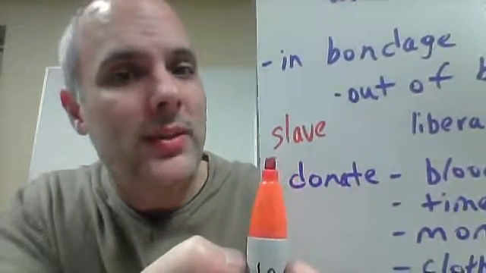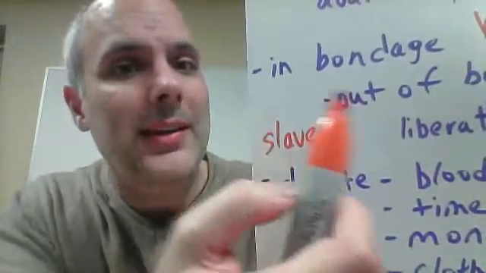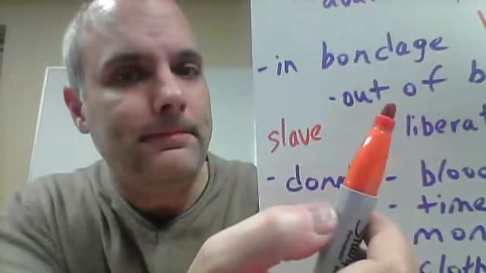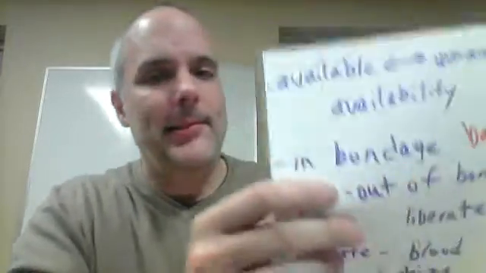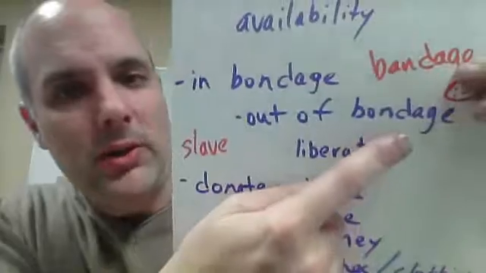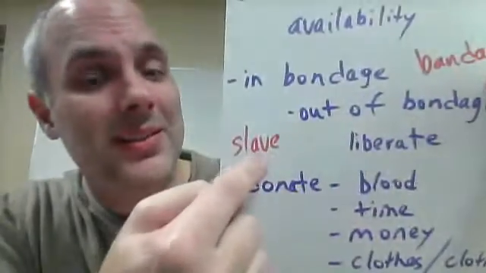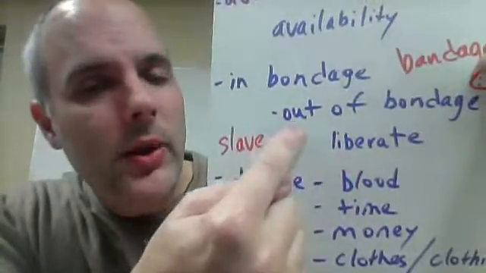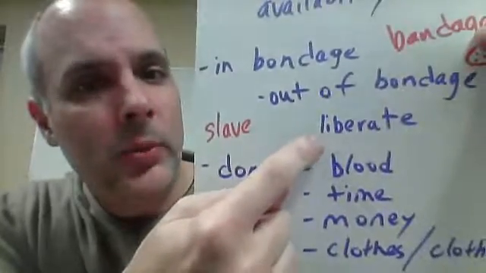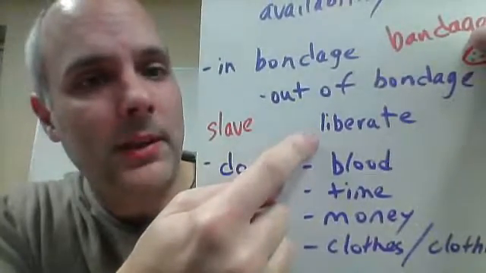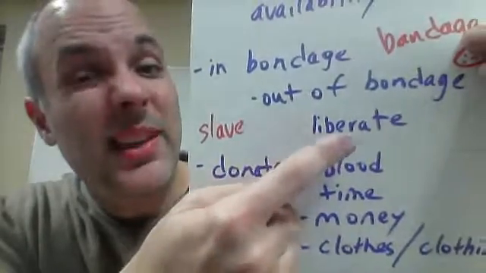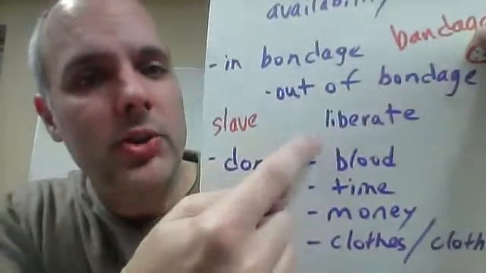If there's many, we'll say the slaves are in bondage. So maybe in Egypt, the people who made the pyramids, or in America too, the slaves were in bondage. Now here, there's also out of bondage, which means stop being a slave. Another way to say out of bondage is liberate, which is another one of the words this week. So liberate means give freedom. So if you're out of bondage, then you'll be liberated.